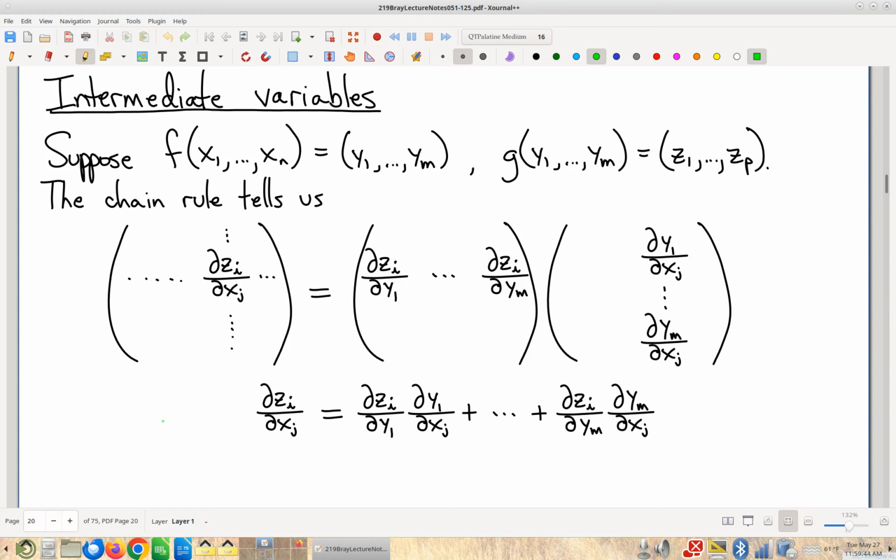The first function gives the y variables as functions of the x variables. This part represents how the z variables are functions of the y variables, and of course the composition goes from those all the way over to those.